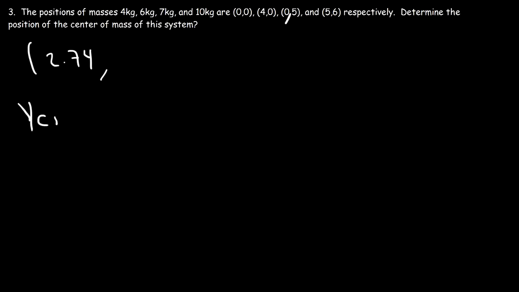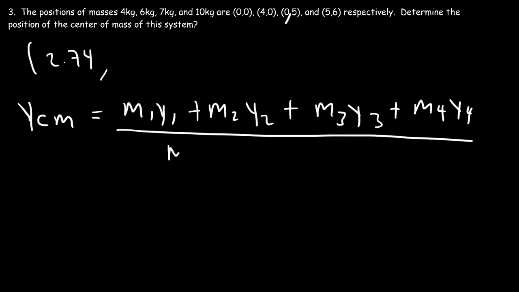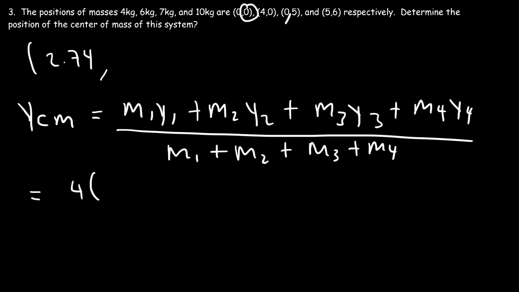Now let's do the same for the y-coordinate. So it's going to be m1 y1 plus m2 y2, and then you get the picture. Now let's divide it by the total mass. So mass 1, which is 4 kilograms, is located at y equals 0.